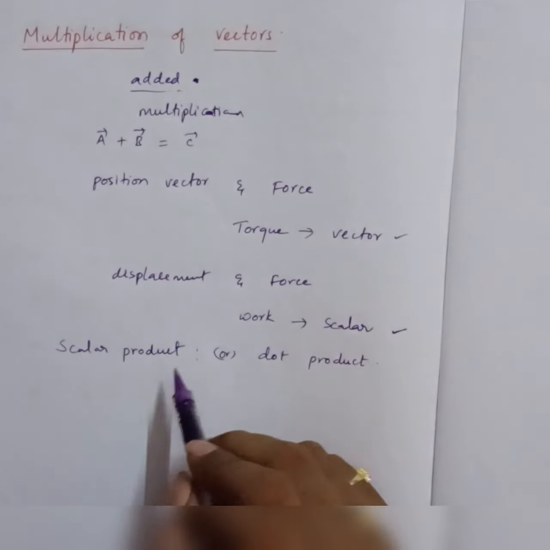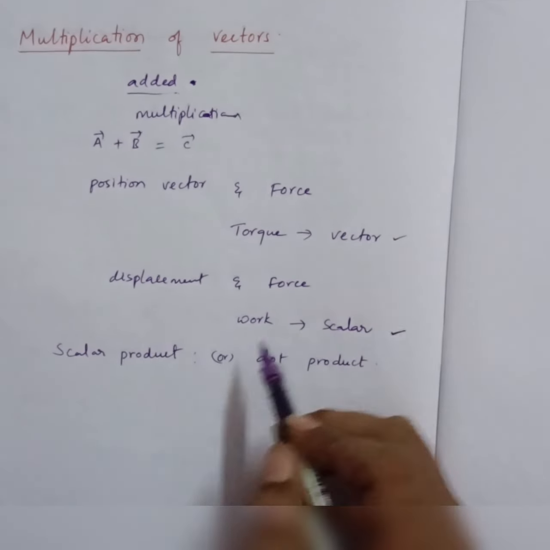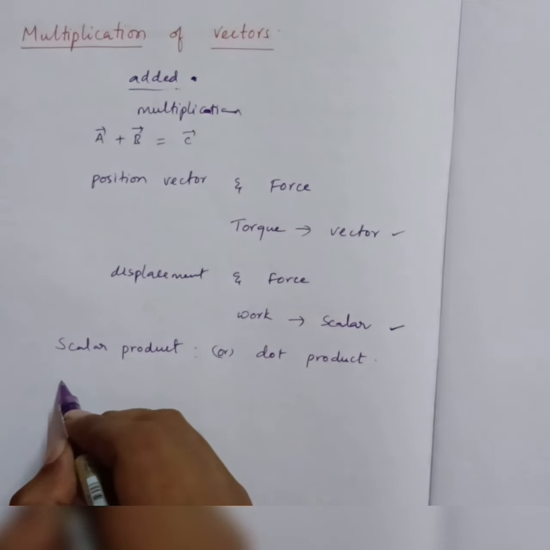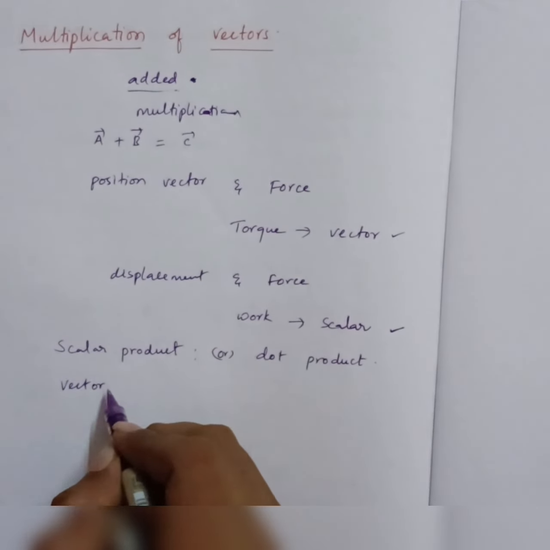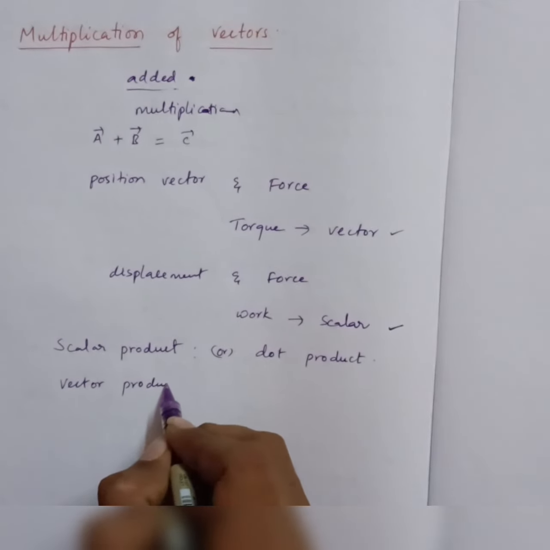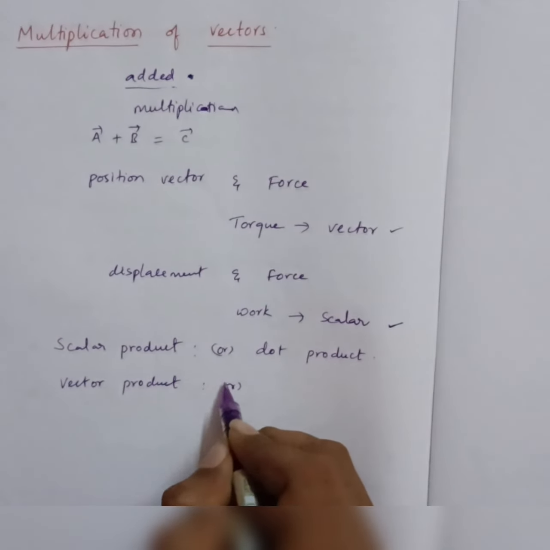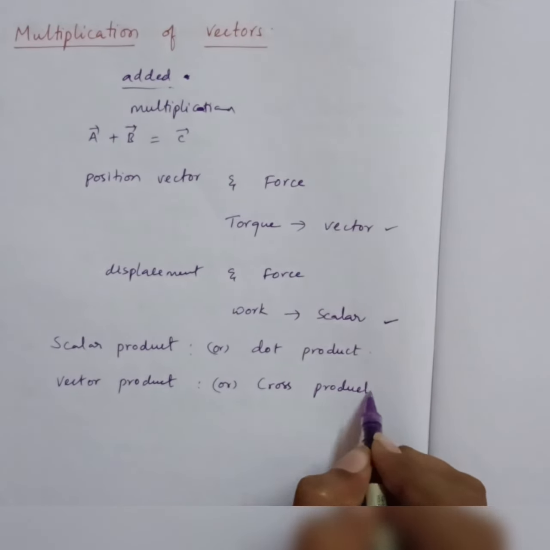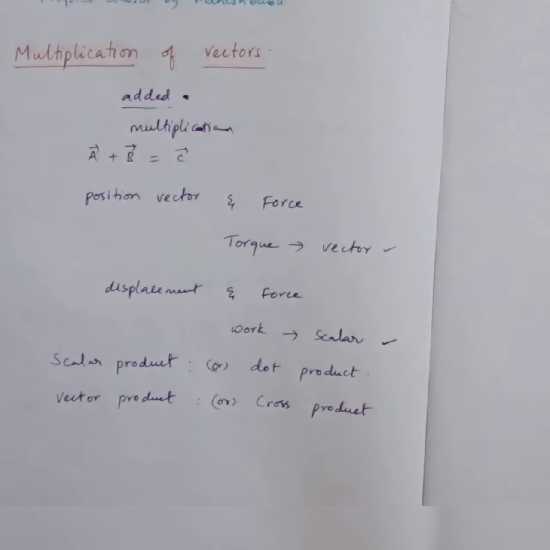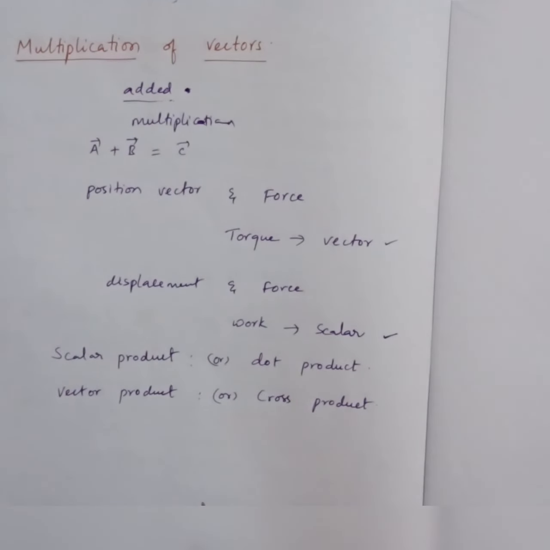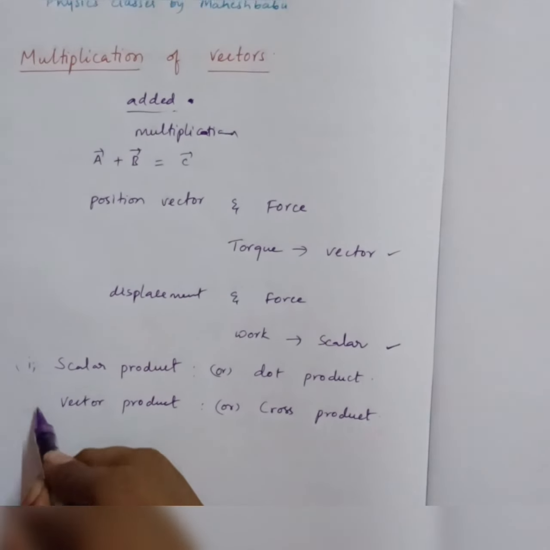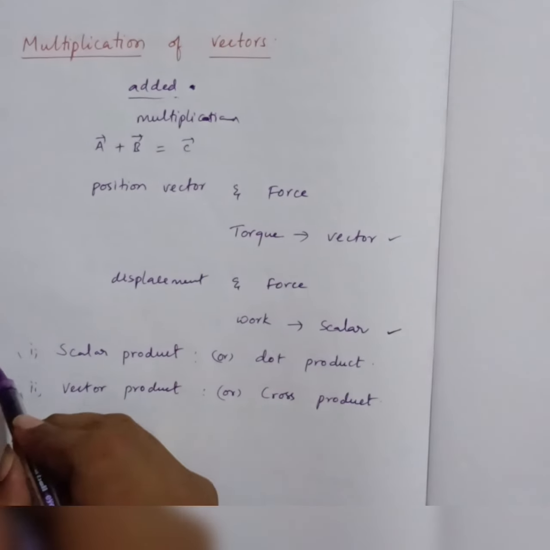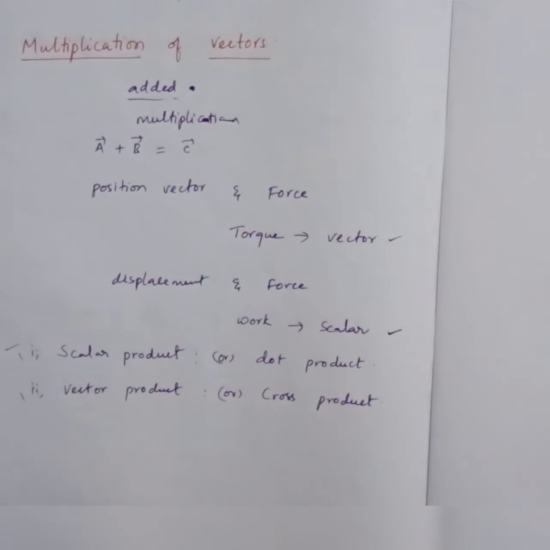If you multiply two vectors and the resultant is a vector, then it is vector product or cross product. These are the two types in the multiplication of vectors. Now we will discuss one by one. First we will discuss scalar product.